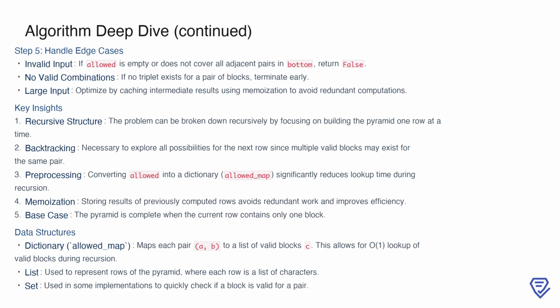Pre-processing the allowed list into the allowed_map dictionary is another critical optimization step, allowing for constant time lookups during recursion. Memoization adds further efficiency by reusing previously computed results. Finally, the base case ensures that the recursion terminates when the pyramid reaches its apex with a single block. Data structures like dictionaries, lists, and sets play a pivotal role in organizing and accessing data quickly.